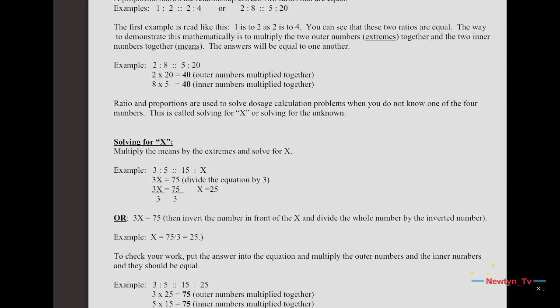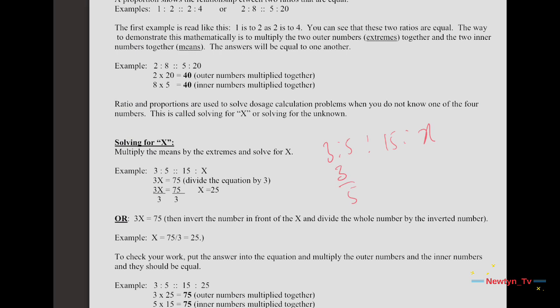If we have 3 is to 5 as 15 is to x, how are we going to do it? For me, I'll just bring 3 here and bring the 5 down, then 15 over x.